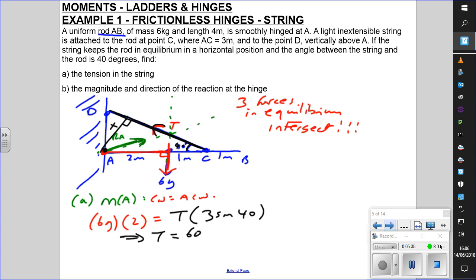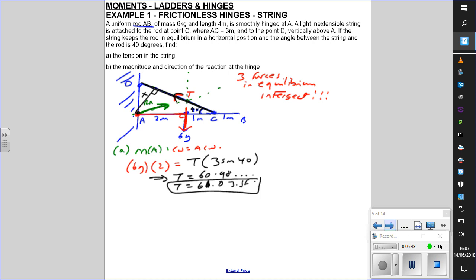So 60.98 blah blah blah, but we always round, 3 sig fig maximum because we dealt with g. Okay, so there's that. Now part B finds the magnitude of the reaction at the hinge. So we found tension, 61.0, right? But how do we find the magnitude and direction of the reaction at the hinge?